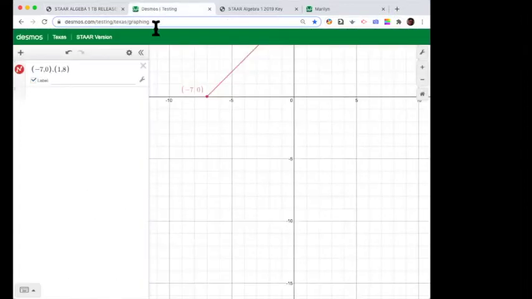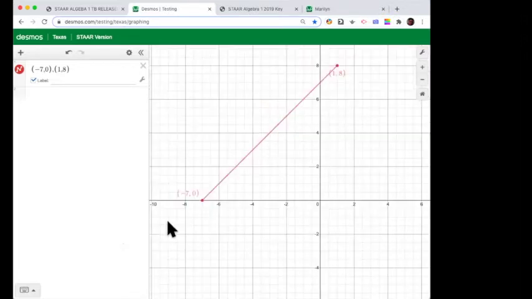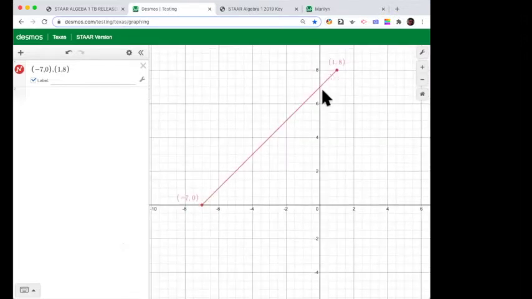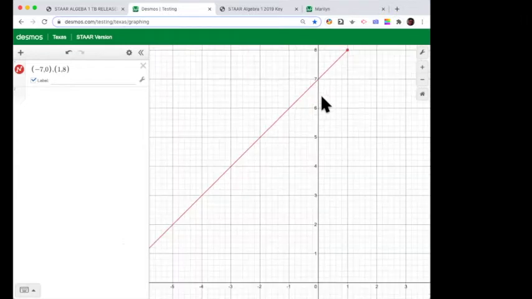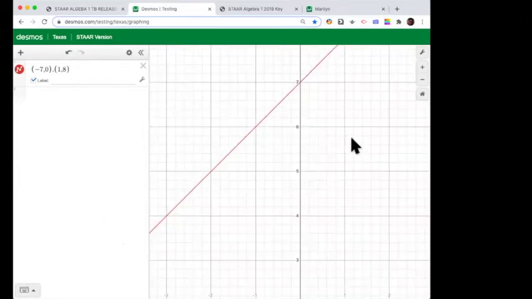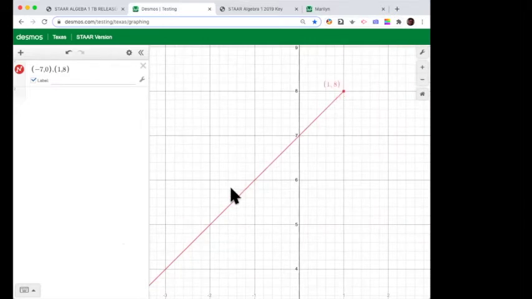Now I can determine the slope by taking 2 good points and counting the boxes. First of all, we have a positive slope. The line is going up. So we can take 2 good points and count our rise over our run.